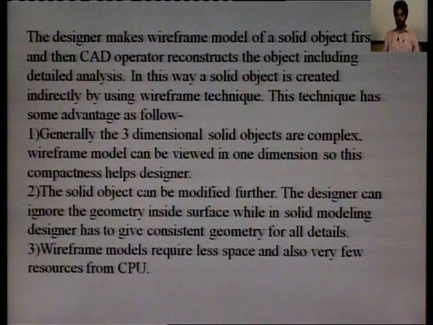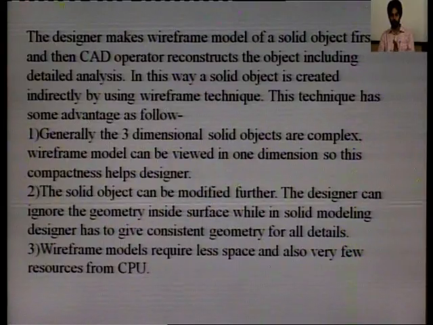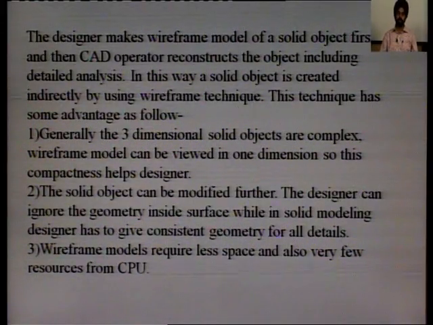This technique has some advantages, as follows. If we have a wireframe model, our object can be clearly defined. So, before the CAD operator starts, if we know the wireframe model, then we can easily create the object.